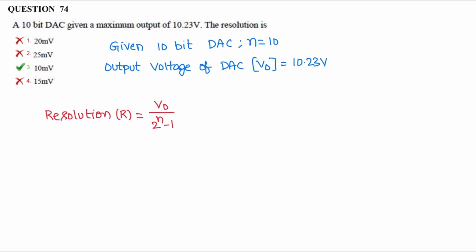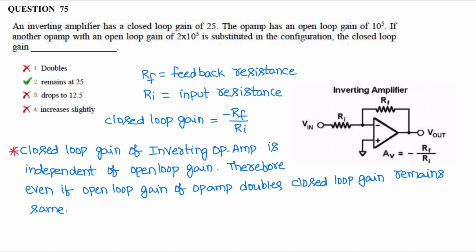Resolution R is output voltage by 2 power n minus 1, 10.23 divided by 2 power 10 minus 1, that is 10.23 divided by 1023. Its value is 0.01, that is 10 millivolts. Correct answer is option 3.